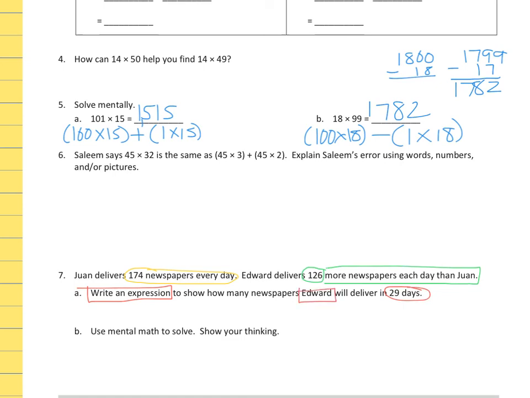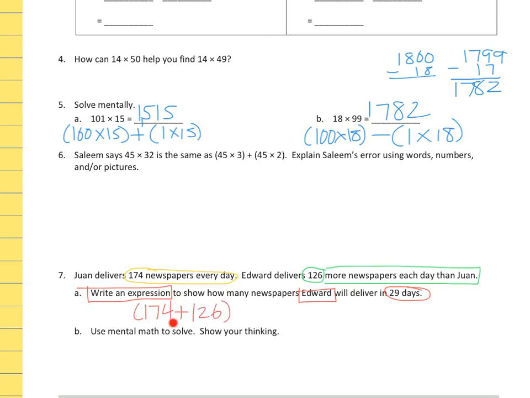Now, did Edward only deliver 126 papers each day? No, he actually delivered 126 more newspapers than Juan. So that means we have to take what Juan delivers, which is 174, and we have to add that to the 126 that Edward does more.